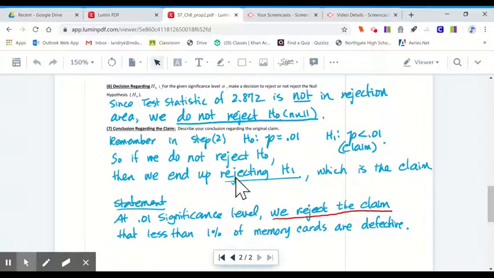So we end up rejecting the claim. So the statement is, at 0.01 significance level, we reject the claim that less than 1% of memory cards are defective, meaning our sample proportion of 3% is way too high to believe that less than 1% of memory cards are defective.